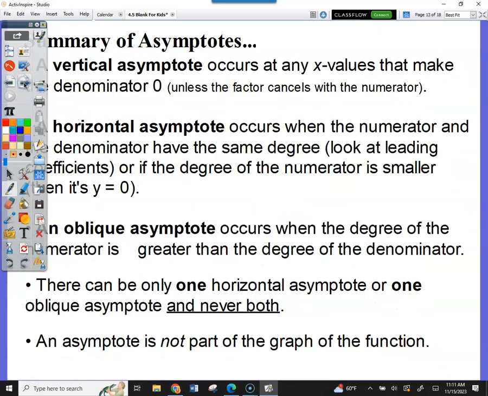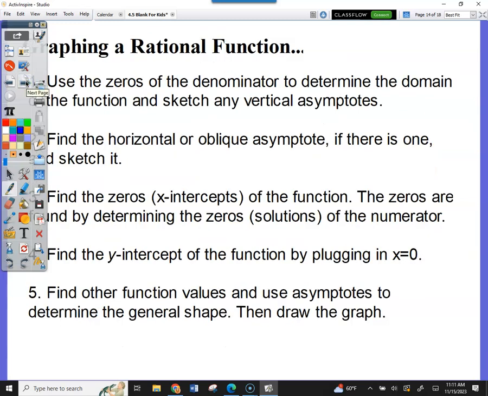This slide right here is a summary of everything we just did. So if you need some notes to highlight or reminders of how we do it, the summary page is right here. This slide is telling you how to graph it step by step.